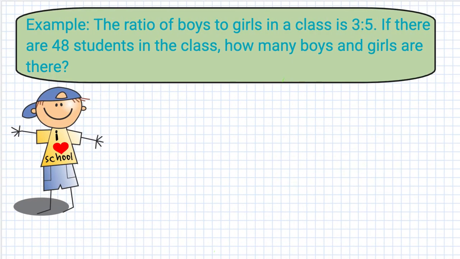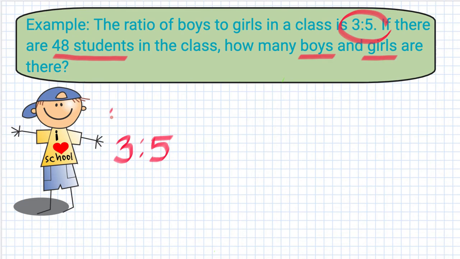Again, the ratio of boys to girls in a class is 3:5. If there are 48 students in the class, how many boys and girls are there? Since we know the ratio of boys to girls is 3:5, in every three boys, there are 5 girls.